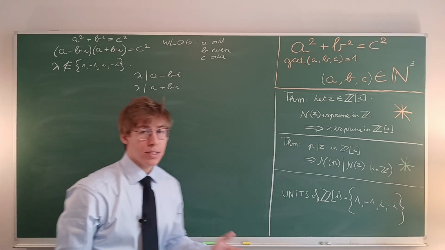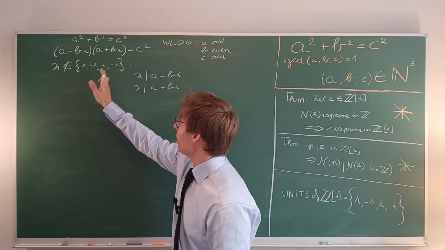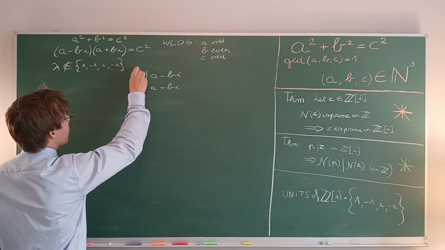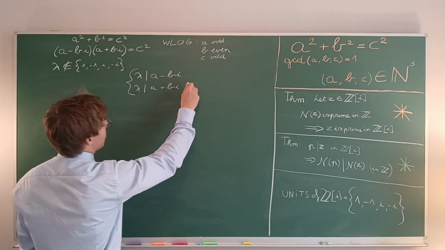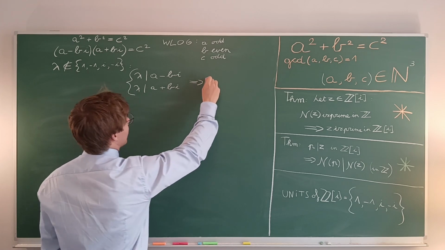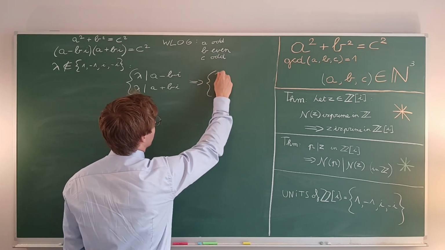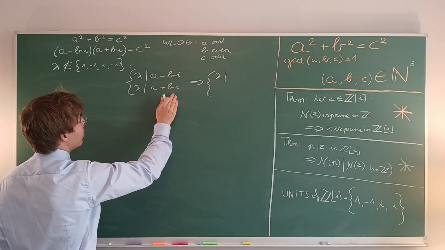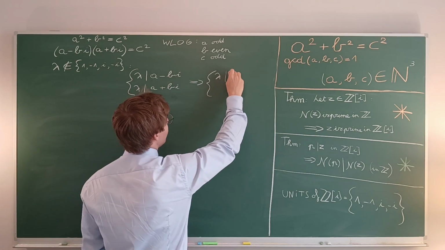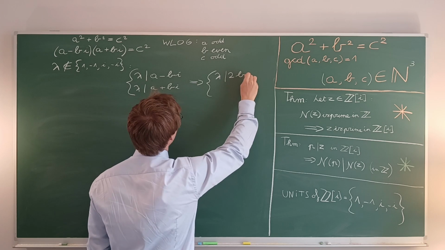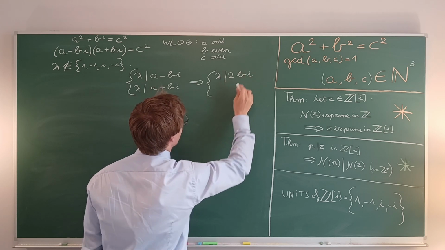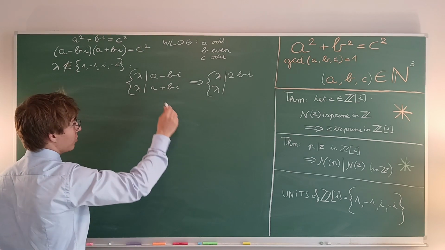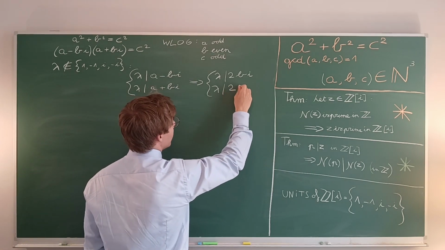So if this lambda exists, that would mean that a minus bi and a plus bi wouldn't be co-prime. But this would imply that lambda divides the difference of these two, and that will be 2bi, and that lambda would divide the sum of these two, which is 2a.